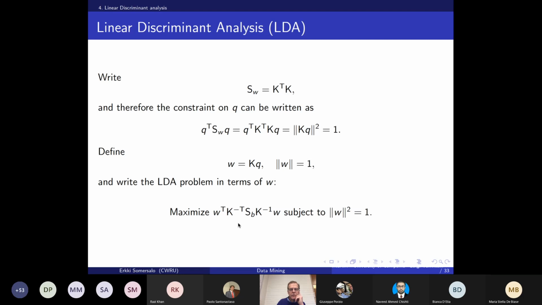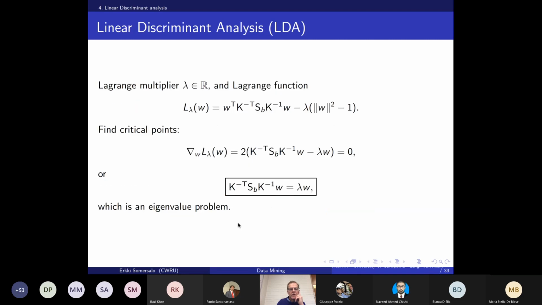Okay, so we need to maximize that, and so as I said, the tool that we use from constraint optimization is Lagrange functions and Lagrange multipliers. So I have one scalar constraint to be satisfied, and so therefore I'm introducing one Lagrange multiplier, lambda, which is a real number, and so then I'm forming the Lagrange function as they teach in the optimization classes.